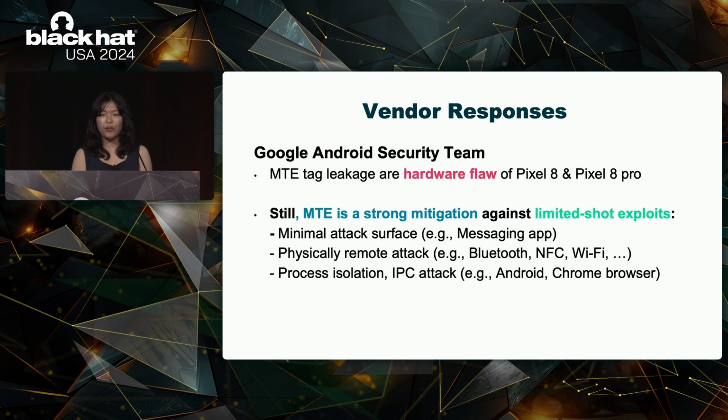Google Android security team has acknowledged the MTE tag leakage issue as a hardware flaw of their Pixel devices. Still, they consider MTE a strong mitigation against limited-shot exploits where side channel attack is not possible.